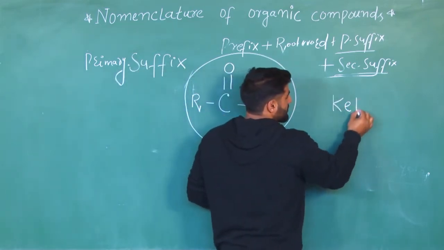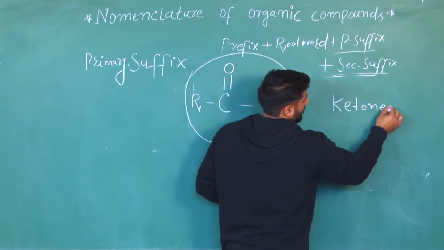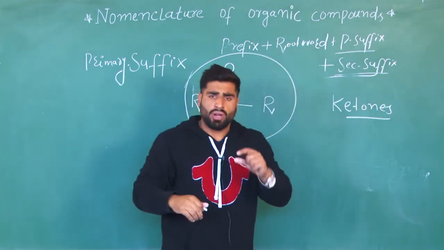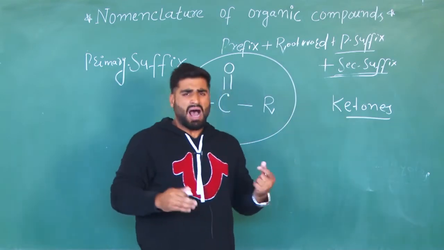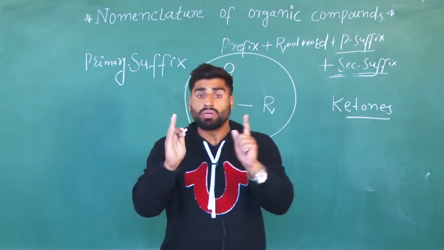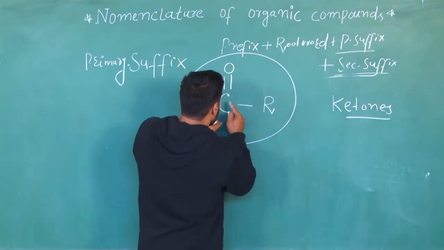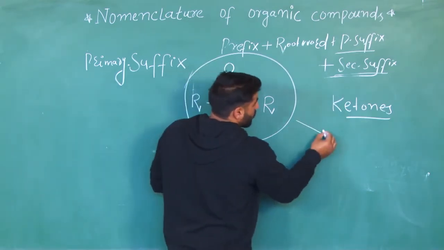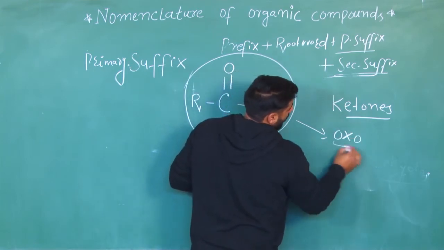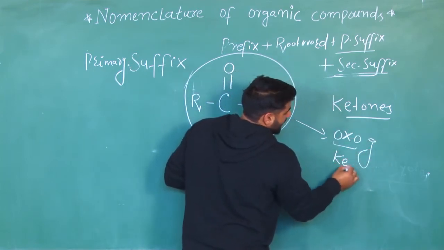Sometimes they are known as oxo compounds, or simply ketones. So ketones have the functional group C double bond O, oxo group, or simply keto group.